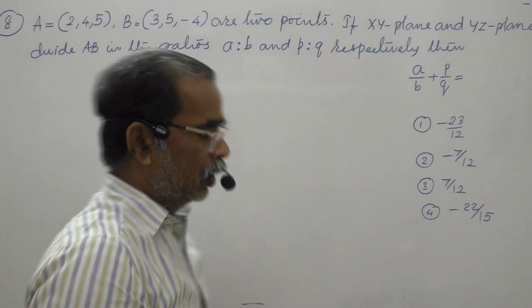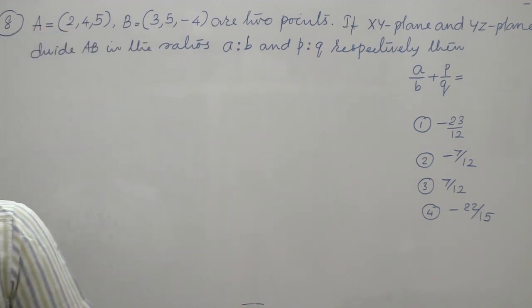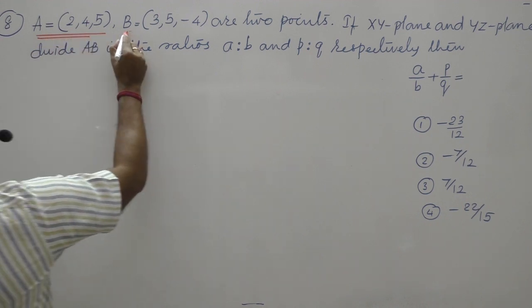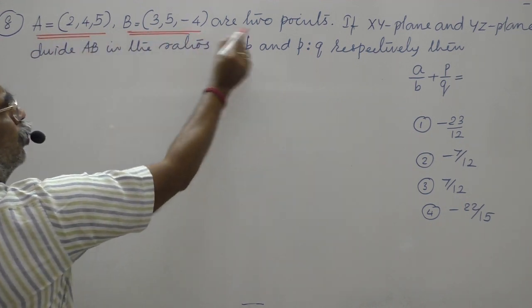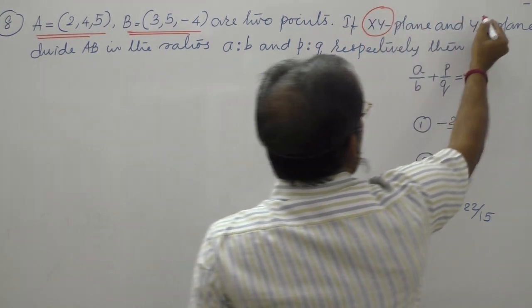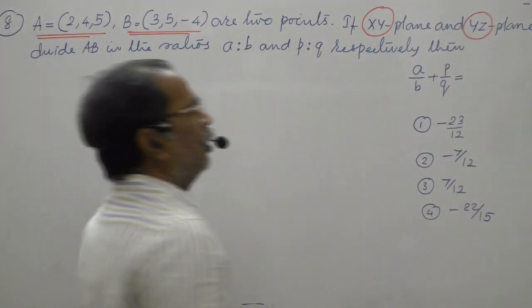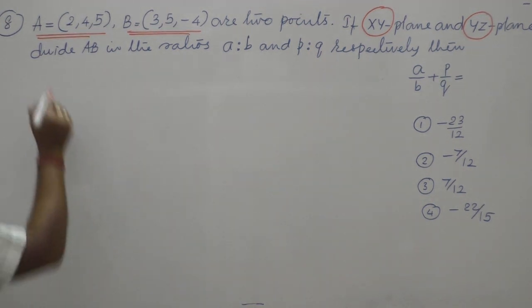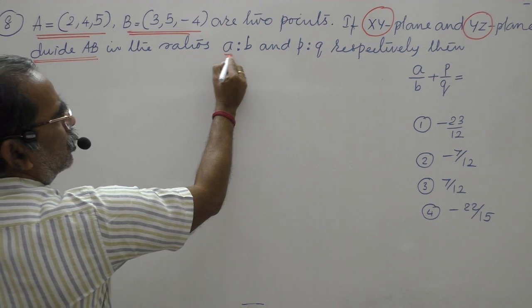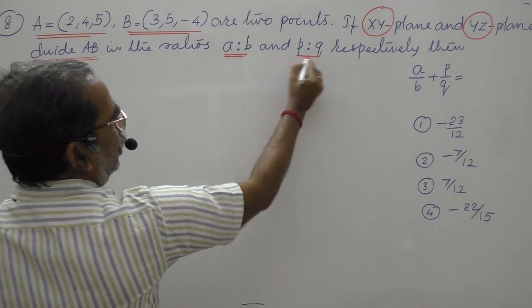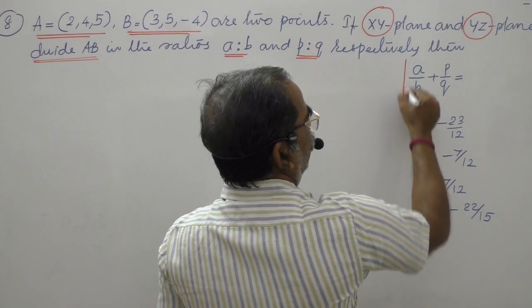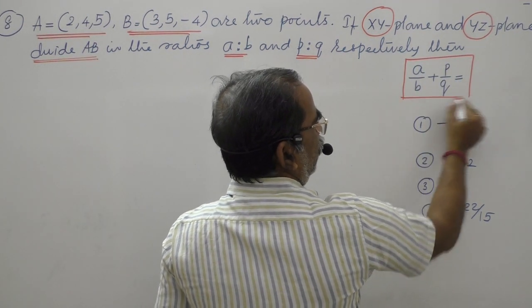Yes. Another question. Here 2 points are given, A and B. If the XY plane and YZ plane divide the line segment AB in the ratios a is to b and p is to q, then what is the value of a by b plus p by q?